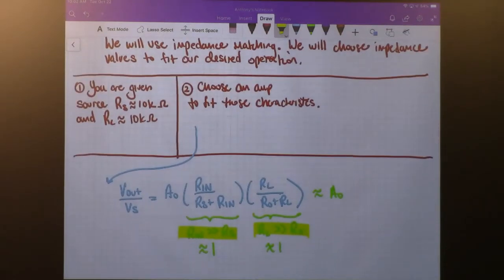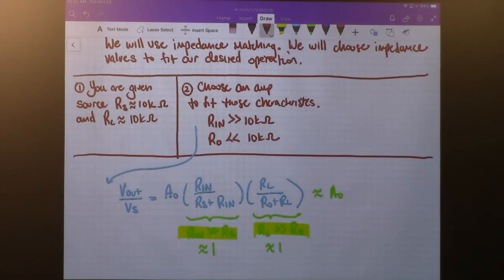So we're going to choose an amp to fit those characteristics. So we want to have an R input that's significantly greater than 10 kiloohms. And we want to have an R output that is significantly less than 10 kiloohms.